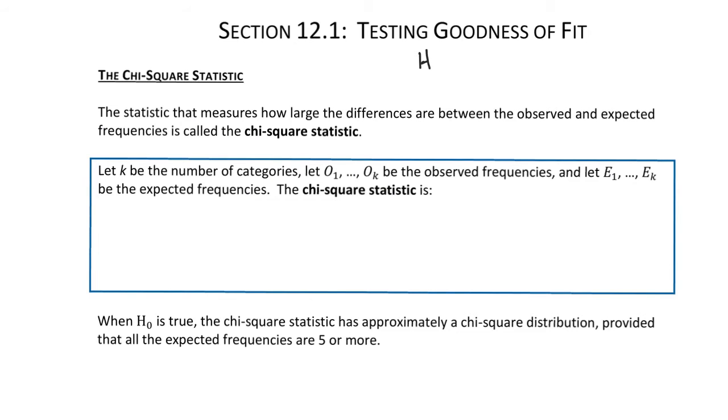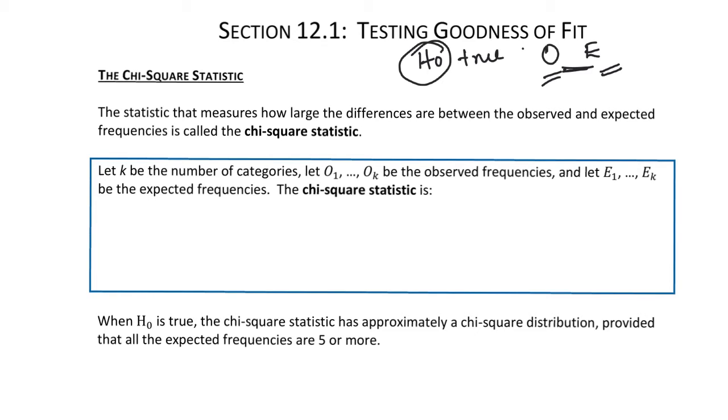If the null hypothesis is true, the observed and expected frequencies would be fairly close. The larger the difference between the observed and expected frequencies, the stronger the evidence against the null hypothesis. We compute a test statistic that measures how large these differences are.